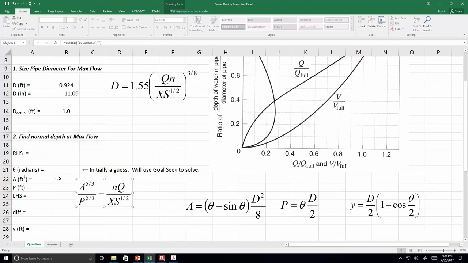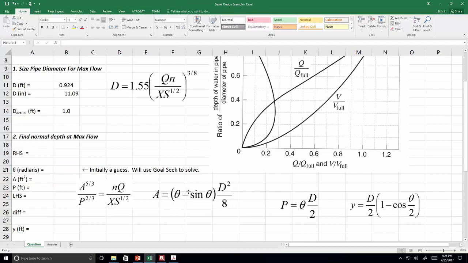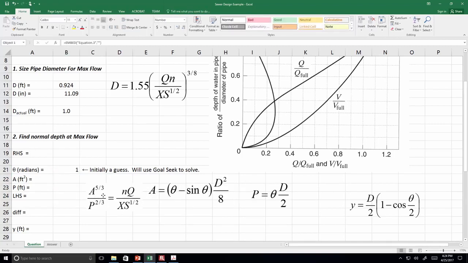Now, the area is going to be based on this formula, which is dependent on theta. The wetted perimeter is based on this formula, which is dependent on theta. So we're going to start with just some guess. Let's say maybe that the angle is 1 radian to start with. And so having that allows us to calculate what the cross-sectional area would be.